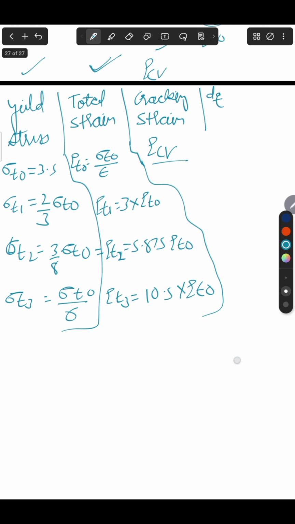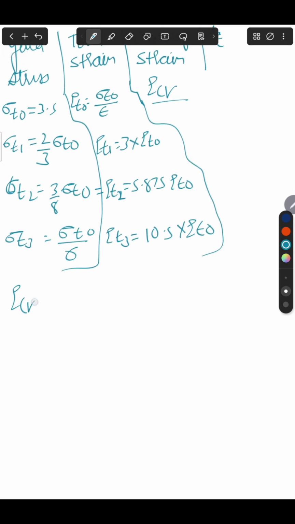Okay, now we can calculate the value of ECR. We have a formula to calculate the value of ECR. ECR is just the inelastic strain. As we have calculated the inelastic strain in compression, a similar formula for ECR in tension. So here we can write the nomenclature is ECK equals ET minus sigma T by E naught.